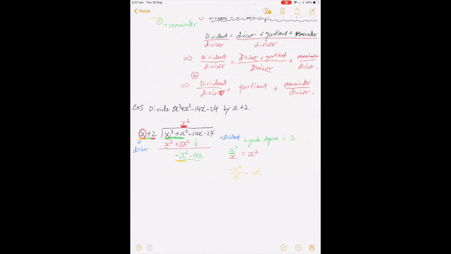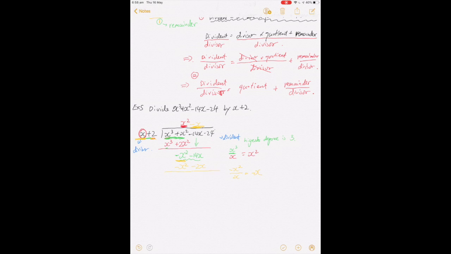So I bring that negative x over here. Then negative x times x gives me negative x squared, the same as what we got on the top. And then for the second part, 2 times negative x gives me negative 2x.